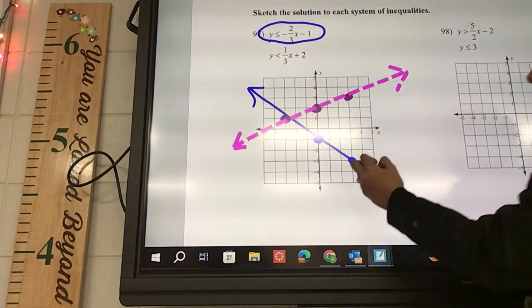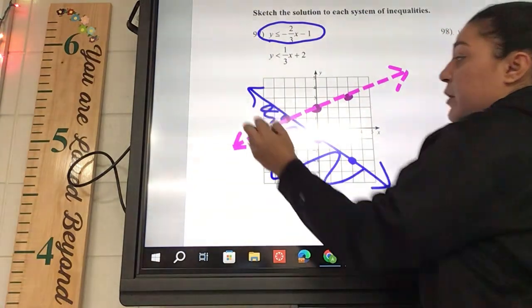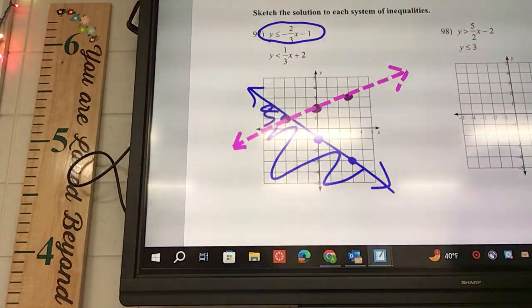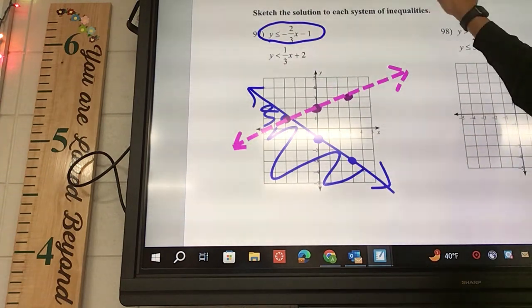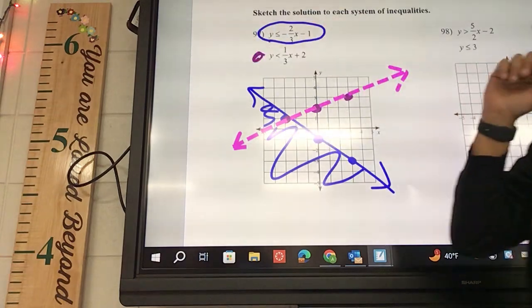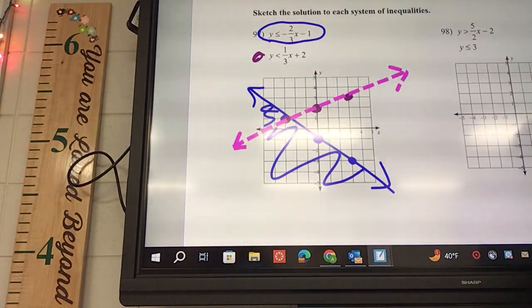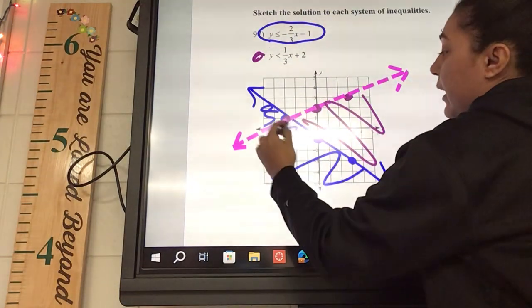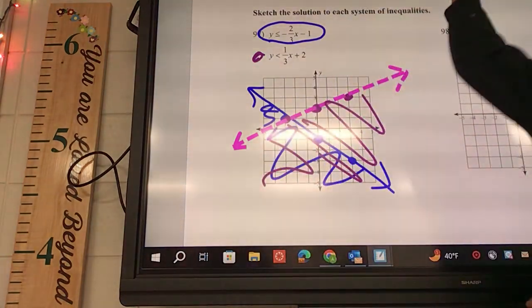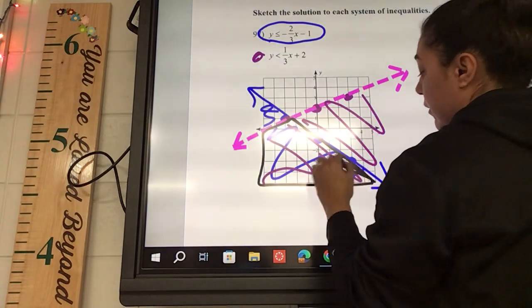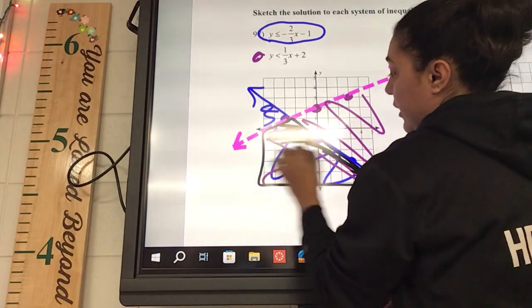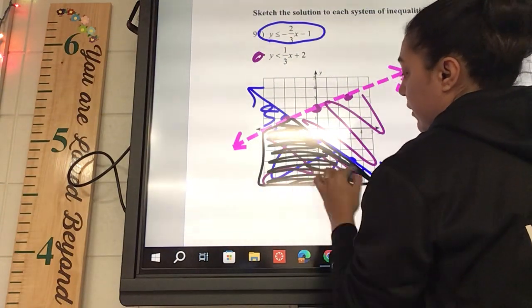That one should be below, which means that all of this should be shaded. Okay, this next line, should we shade above or below? Also below, okay? The area that is colored both times is going to be that dark solid area, where it essentially gets shaded twice, and that's our solution area, okay?